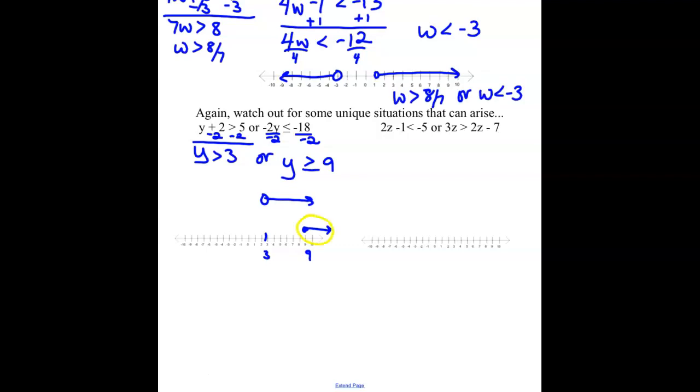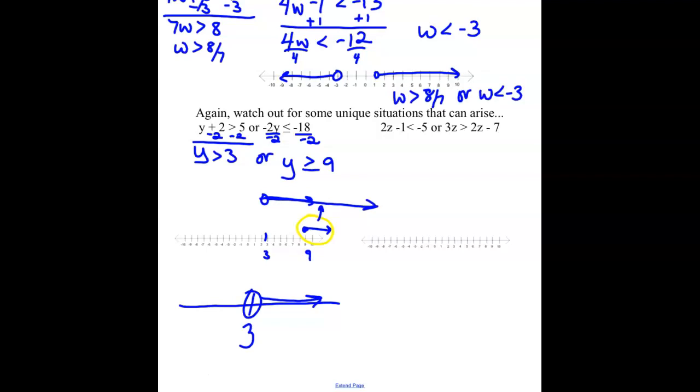This one is already included. If we were to extend this, because we can be anything bigger than 3, this part is already included in that one. So your final graph would just need to have the one branch that encompasses both parts.